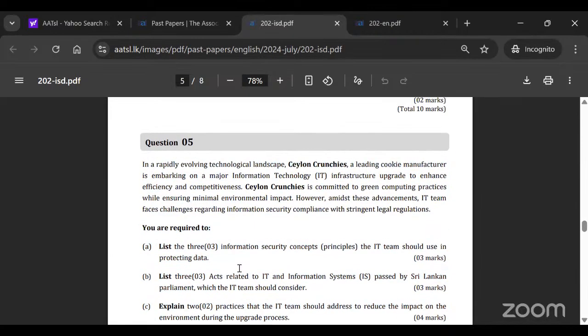In a rapidly evolving technological landscape, Ceylon Crunch, a leading cookie manufacturer, is embarking on a major information technology infrastructure upgrade to enhance efficiency and competitiveness.